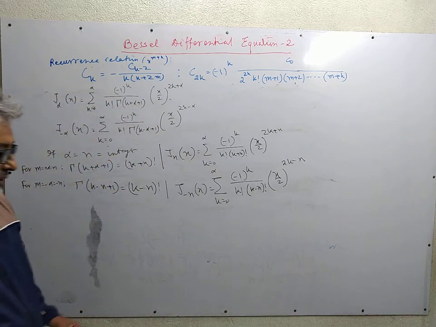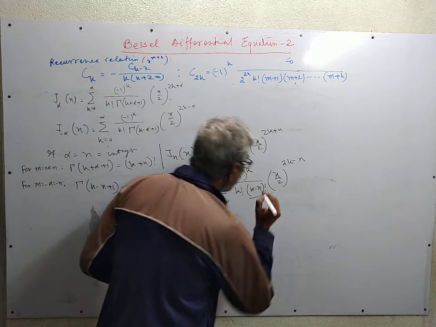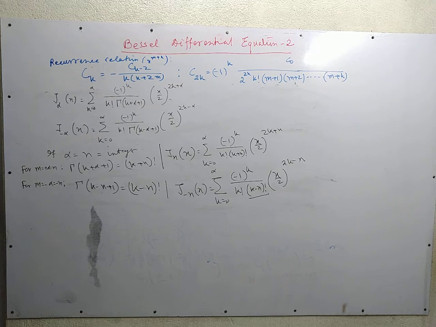Now you see that k ranges from 0 onwards, and k and n both are integer for integral order of Bessel function.